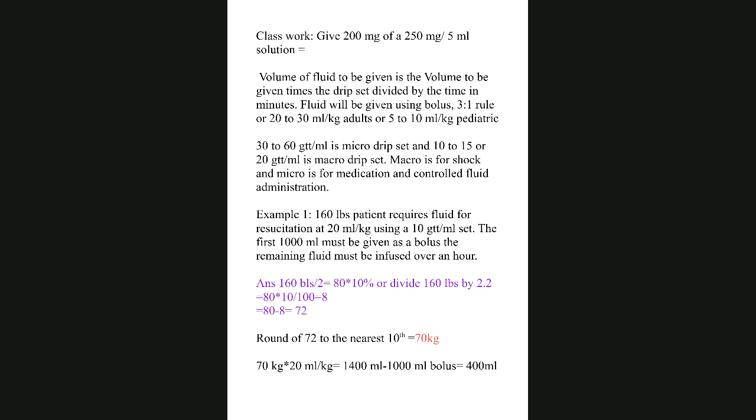So if you have a patient who you suspect has lost 1 liter of blood, how many liters of fluid should we give this patient? That's pretty straightforward. We'd give the patient 3 liters.